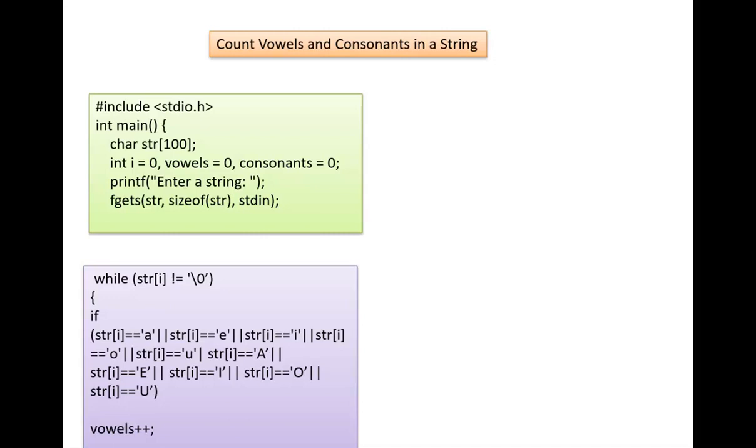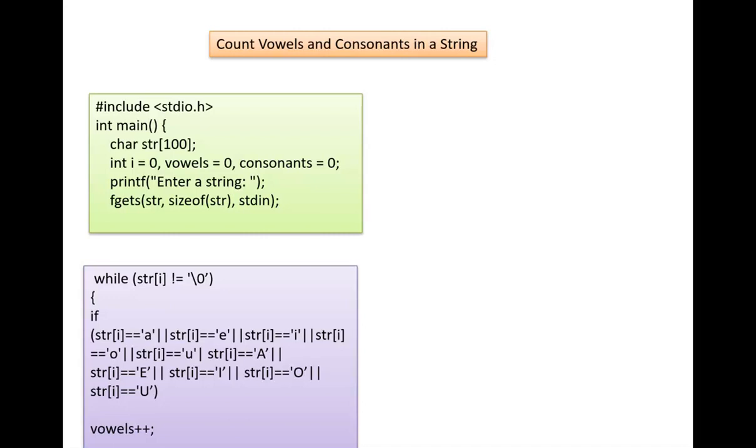I use a while loop to check whether it is vowel or consonant. How do I do that? I use while to check str of i is not equal to 0. Inside the while I check if str of i is equal to A-E-I-O-U.